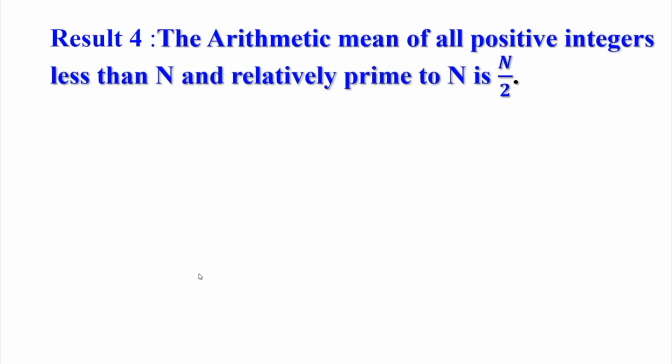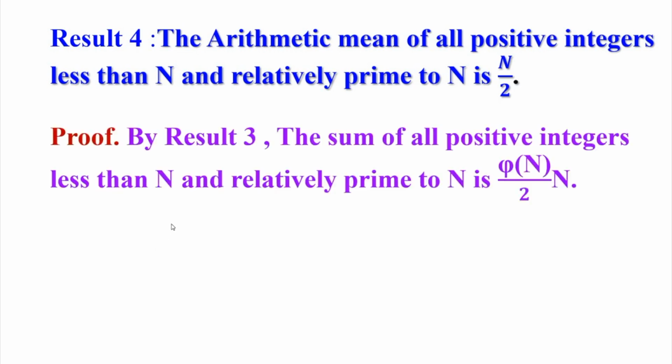So as a continuation of the previous result, we have this result: the arithmetic mean of all positive integers less than n and relatively prime to n is n by 2. Now by the previous result, the sum of all positive integers less than n and relatively prime to n is phi of n by 2 times n.